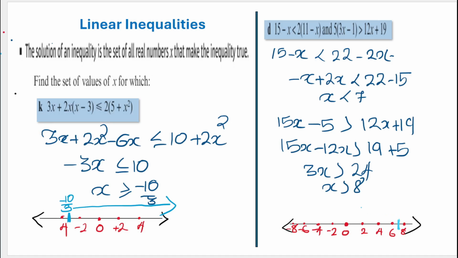Here the inequality x < 7 represents this portion on the number line. Now the inequality x > 8 represents this portion. Here there is no common portion for the two inequalities. Therefore the whole statement has no solution.